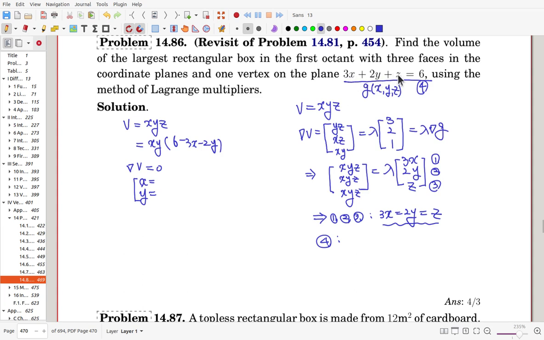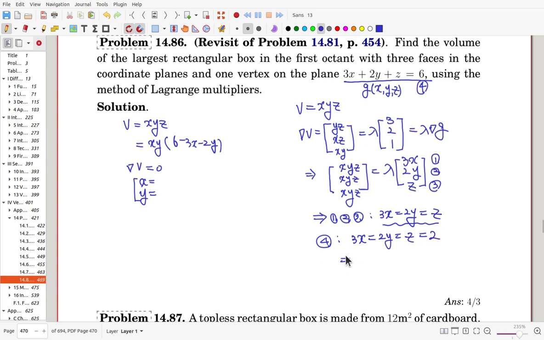Three terms are added, but they are equal, and the sum is 6, which means each one is 2, right? So 3x equals 2y equals z must be 2.